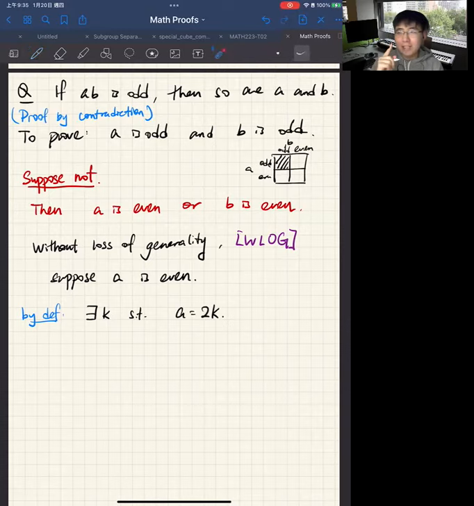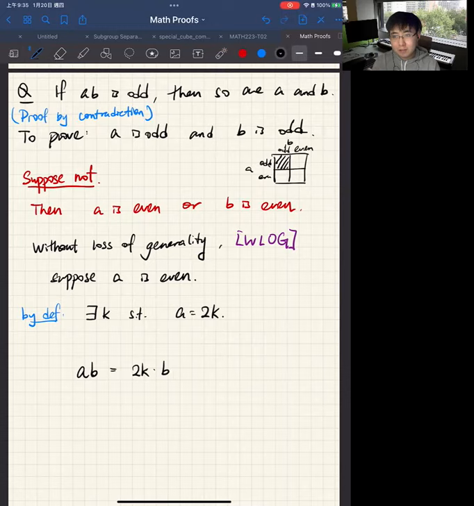So we have only one assumption. The assumption is AB is odd. We are going to derive our contradiction from that assumption. So AB is odd, and we are going to calculate AB. The only thing we know about A and B is that A equals 2K. So let's do it.